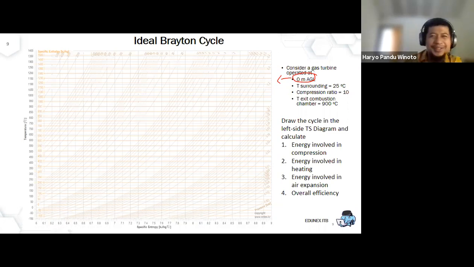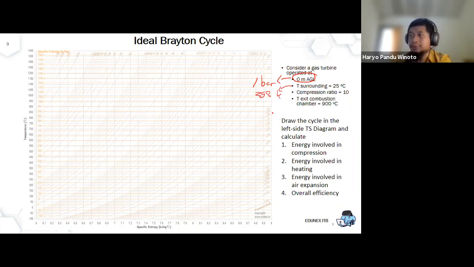It's 1 atmosphere, isn't it? 1 bar, suppose. So you have the pressure at 1 bar, and this surrounding is at 25 degrees centigrade. So just convert it to 298 Kelvin.